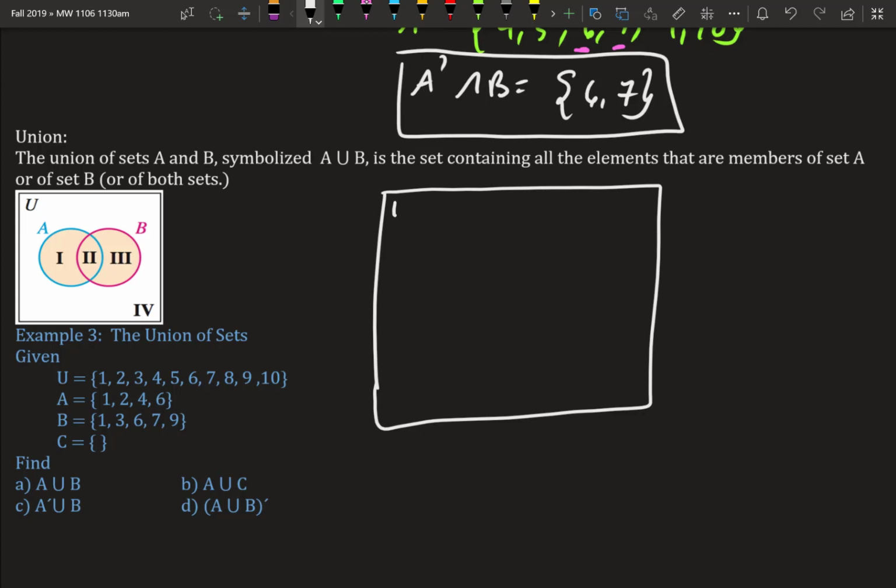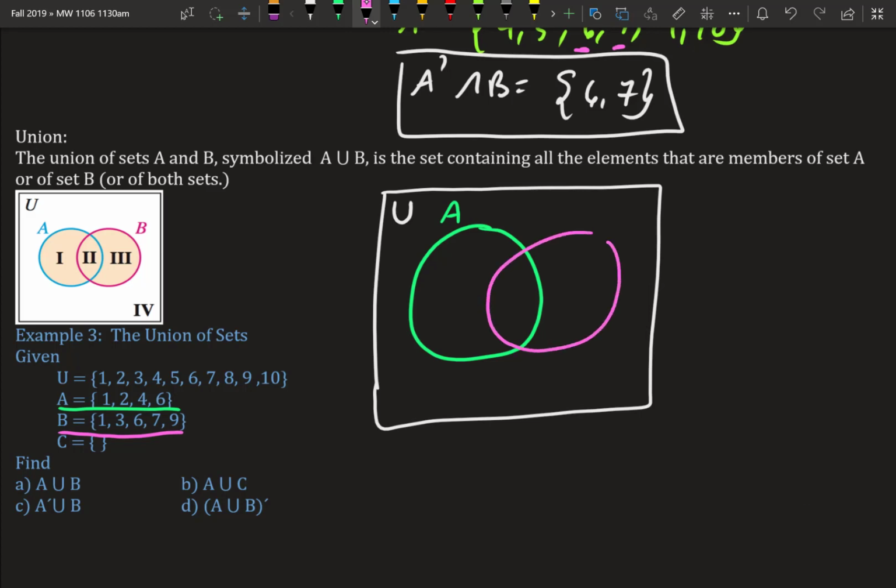So we have our universal set. Then we have set A, then we have set B. Then we have set C. Since there's nothing inside of it, I don't care, it's just a little tiny circle I put there.